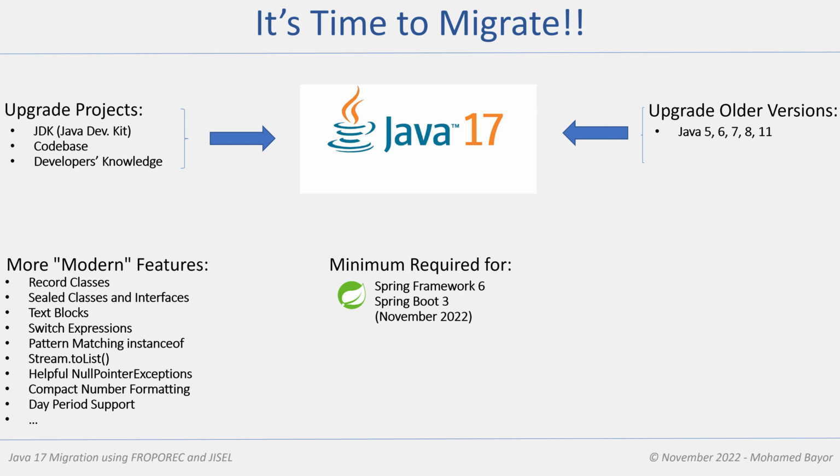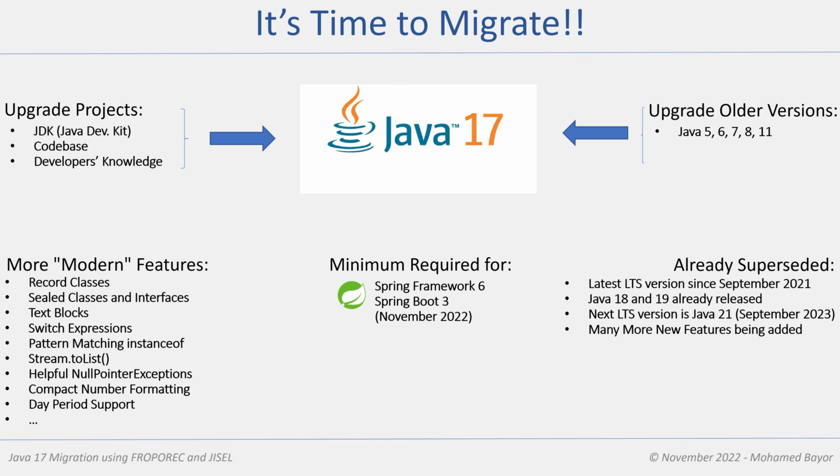One last thing to consider is, at this moment, as we are speaking, Java 17 has been out for over a year now as the latest LTS version, while the non-LTS versions, Java 18 and 19, are already available. And the next LTS version, which is Java 21, will be out sometime in September of 2023.